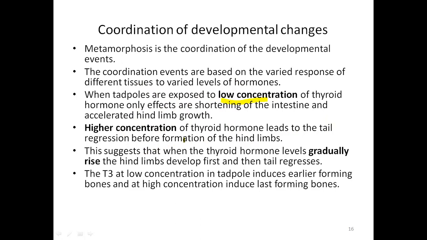So this shows that thyroid hormone should not be very high, at the same time it should not be very low. It should be there at an optimum level. In fact, it should be gradually increasing from a larva to an adult. This gradual increase in the thyroid hormone will bring about progressive changes, at the same time regression of the larval structures, resulting in a sexually matured adult.